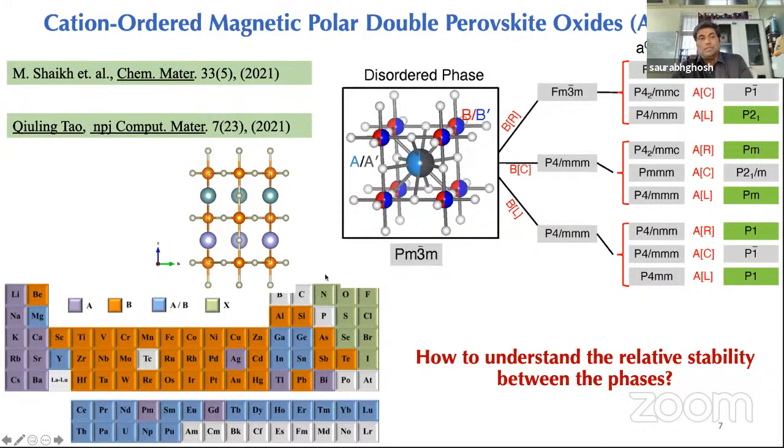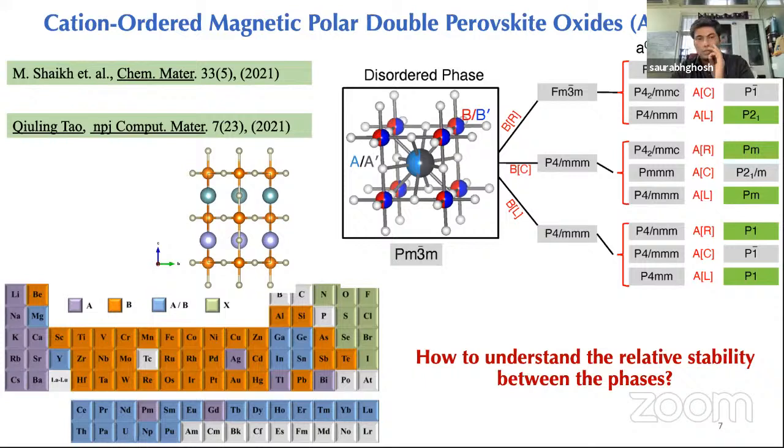And then, as you mentioned, this is a cartoon of A'A''B'B''O6 double perovskites, and the A sites in the periodic table. It shows that you can have different kinds of A site and B site possibilities. The B and B' sites are mainly 3d, 4d, and 5d transition metals. Now the question is how to understand the relative stability between these phases.